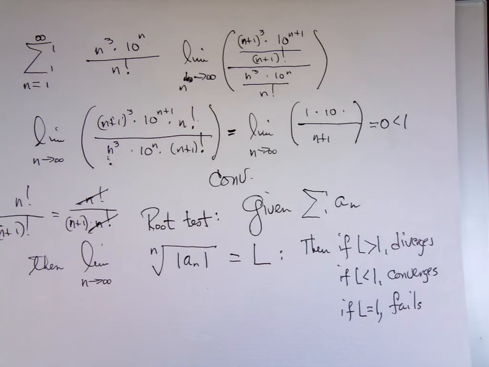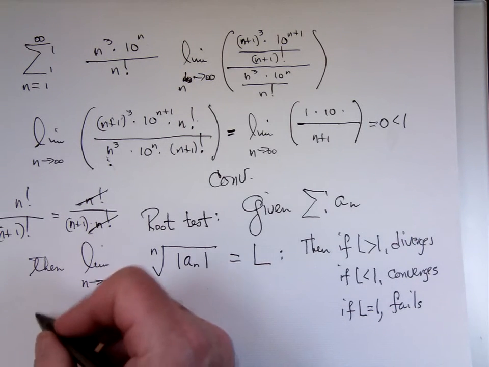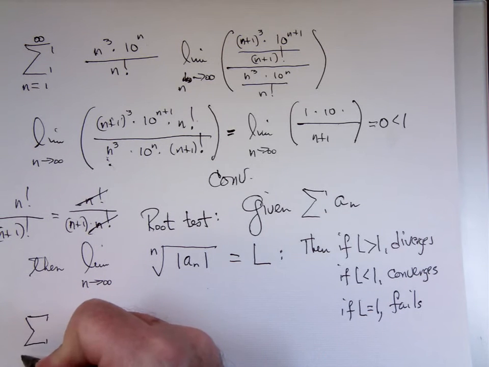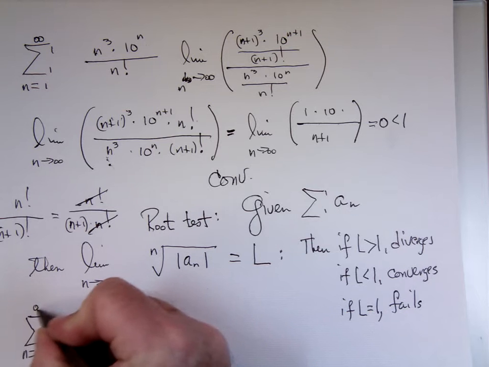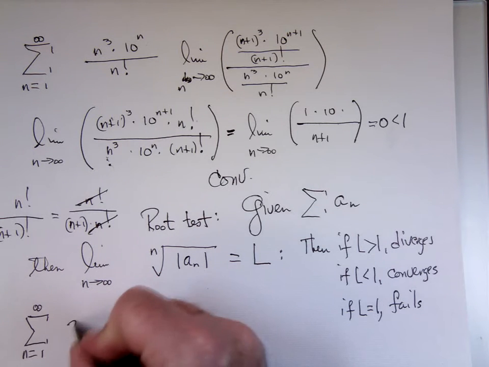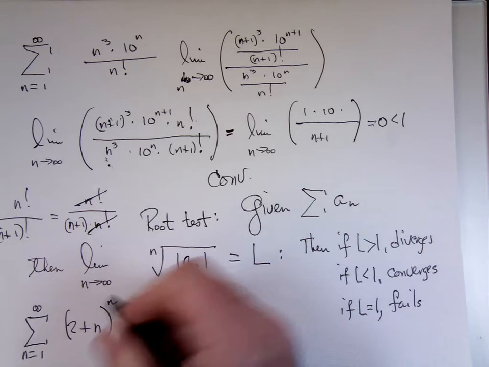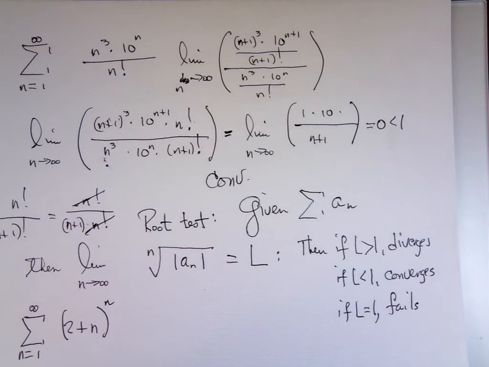Now, when do you use this test? There's one specific case when you use this. You use it for series like this. This is like 1%. It's not very often, that's for sure. It's something like this, the sum of 2 plus n to the nth.